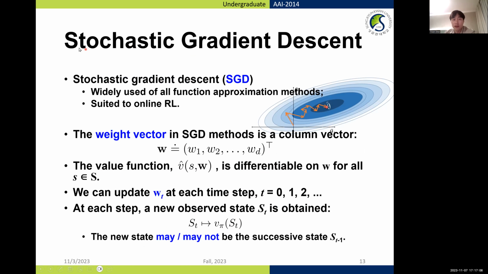The reason we call it stochastic in the RL framework is that the next state may or may not be the successor state of the previous state, because it can be considered stochastic. For example, from one state to another state, it can be a random state.